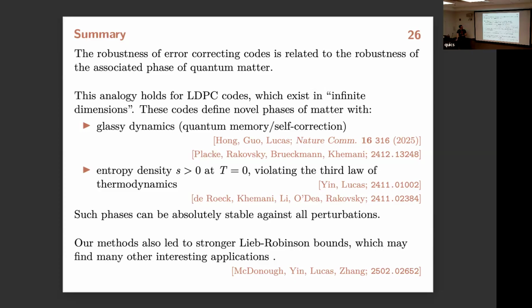Are there baths that prepare the quantum LDPC code? I guess just thermal, or what bath would you be preparing? It's probably not, I think, that we know of now, and the reason is basically because usually we don't have asymptotically good quantum codes.